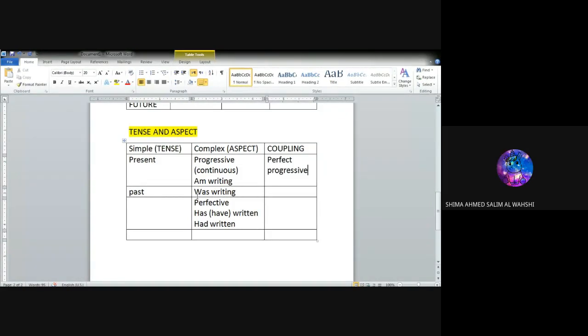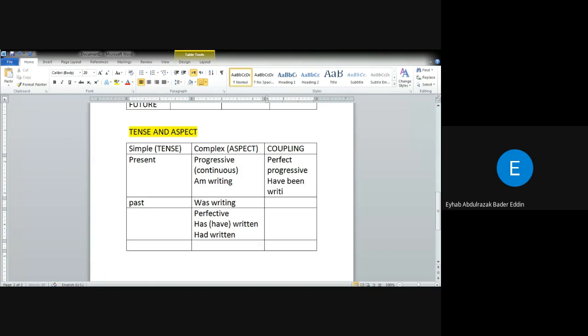Yes. Okay, so now we have carried out a process of coupling, which is combining perfect and progressive. So two aspects together, in addition to the simple tense, whether it is present or past. If we want to talk about present perfect progressive, we say have been writing.